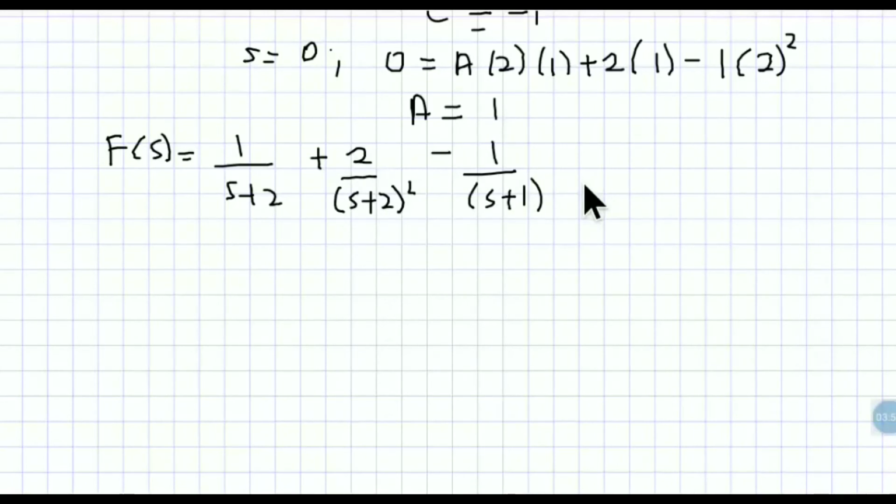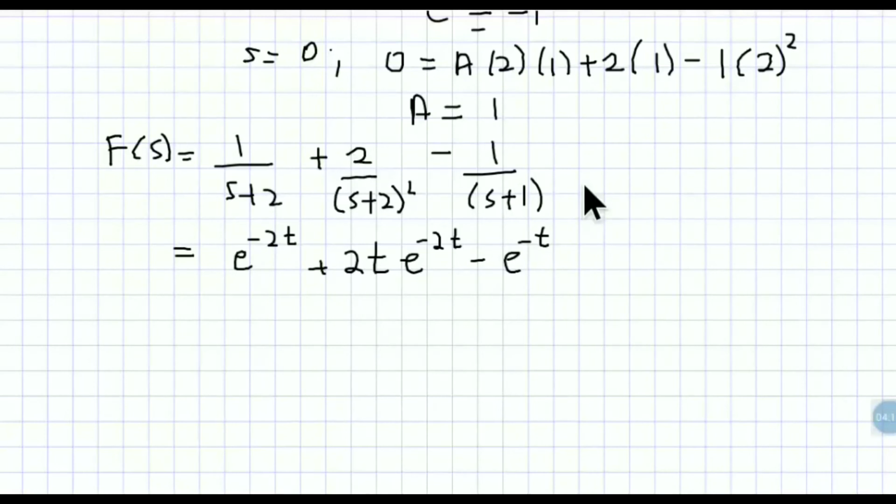The inverse equals e to the power minus 2t plus 2t e to the power minus 2t minus e to the power minus t.